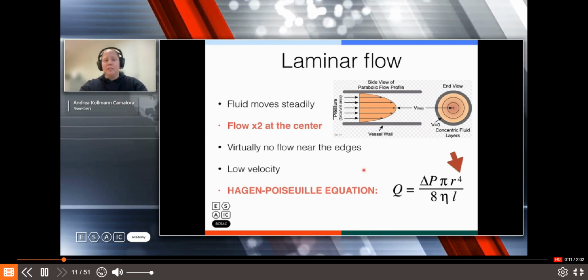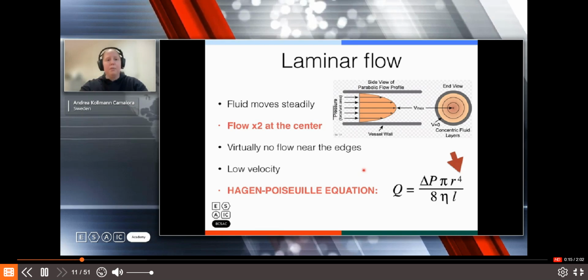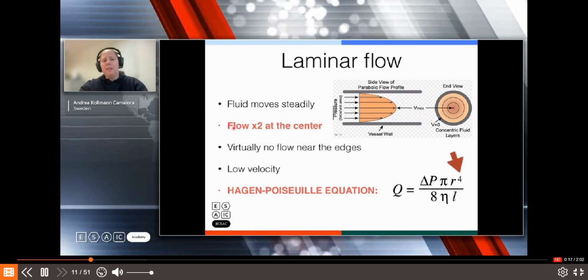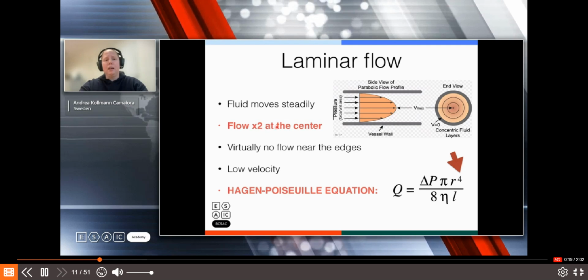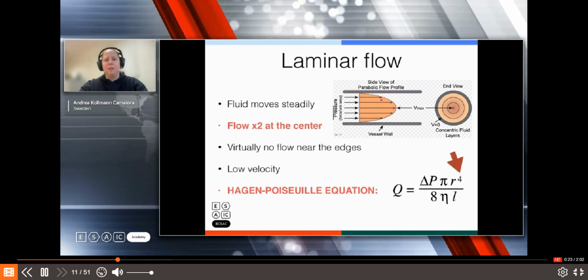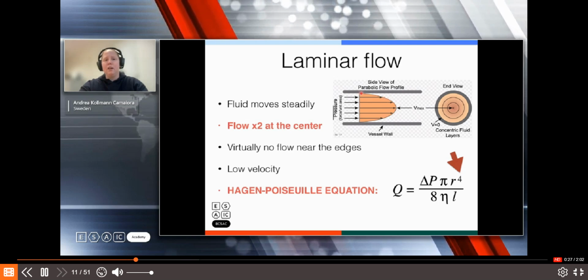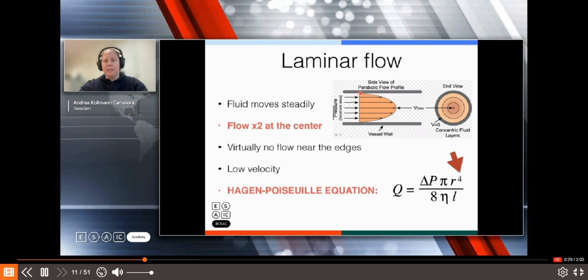There are certain characteristics that are marked in red that you need to memorize for the exam, because they have come before. For example, the flow is 2 times as much at the center as it is at the sides. And there is virtually no flow near the edges.